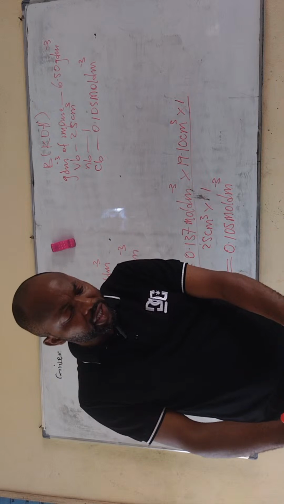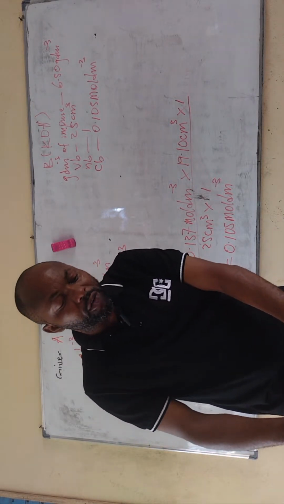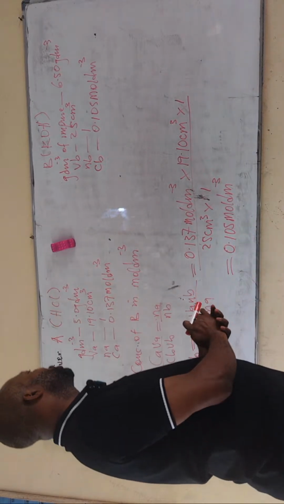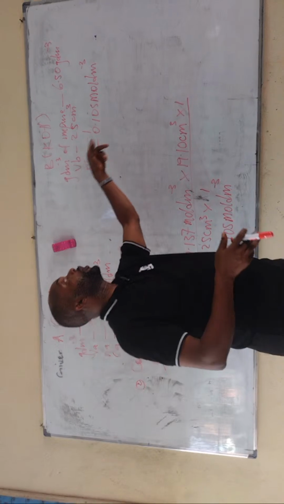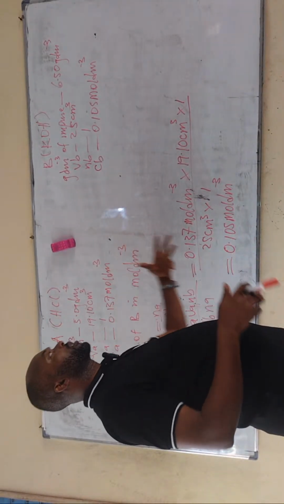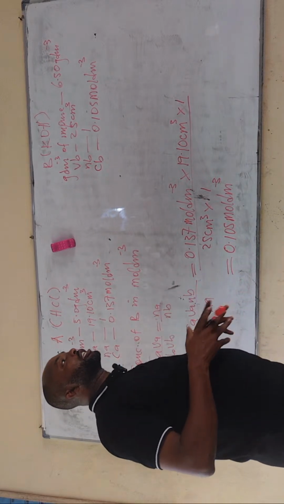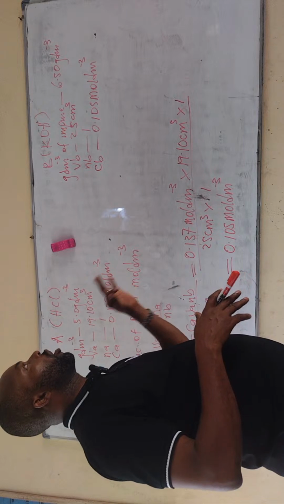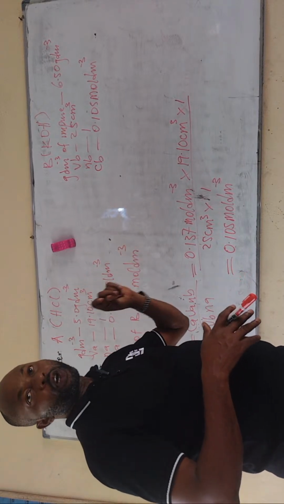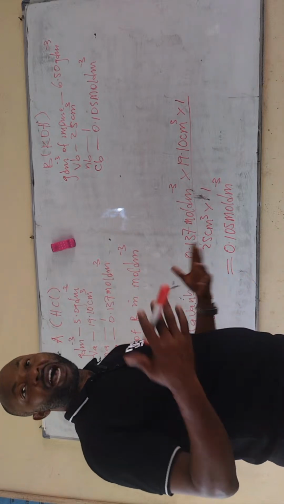Having done that, the next thing says we should calculate the percentage purity of the base. What we've done so far, they've given us the mass concentration of the impure and virtually everything. But to get the percentage purity, we need the formula, which is the mass concentration of pure over mass concentration of impure times 100. The mass concentration of pure wasn't given, and they never asked us to calculate it.